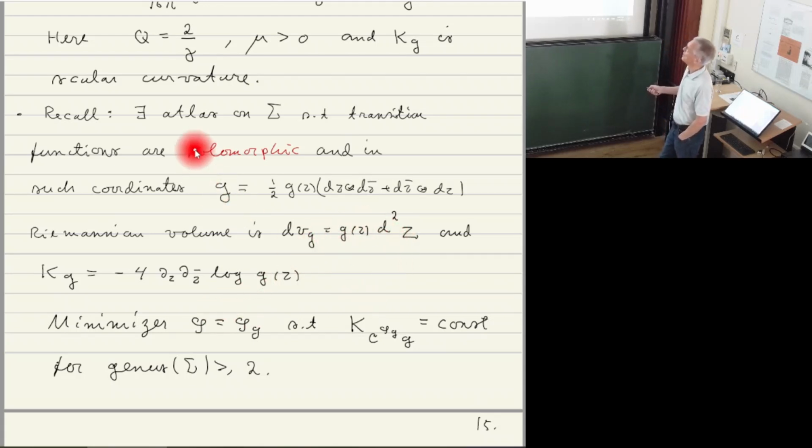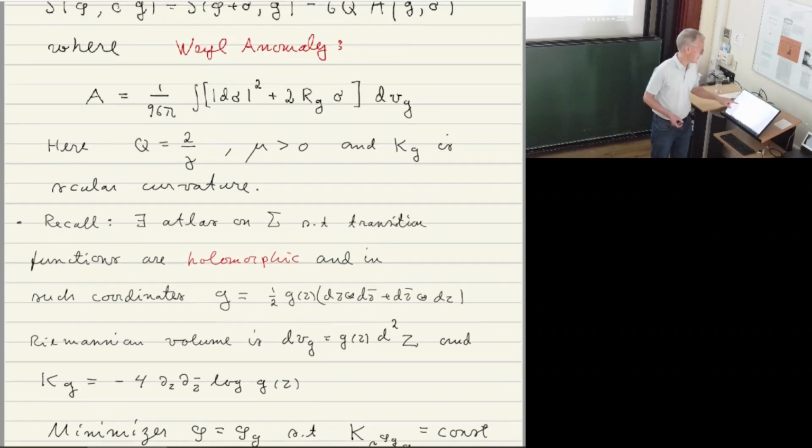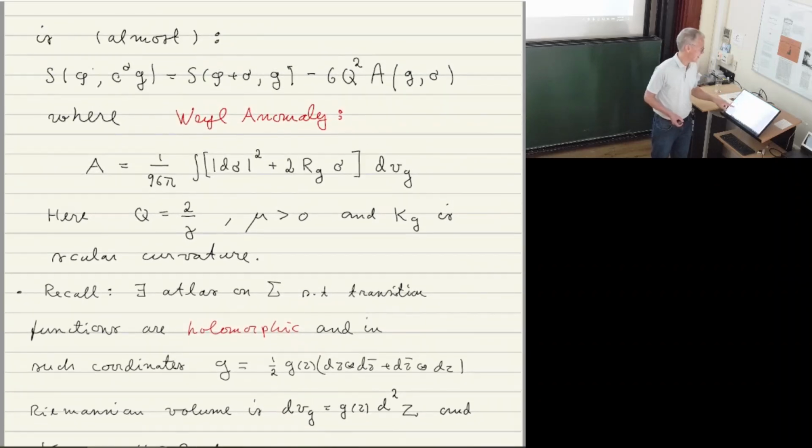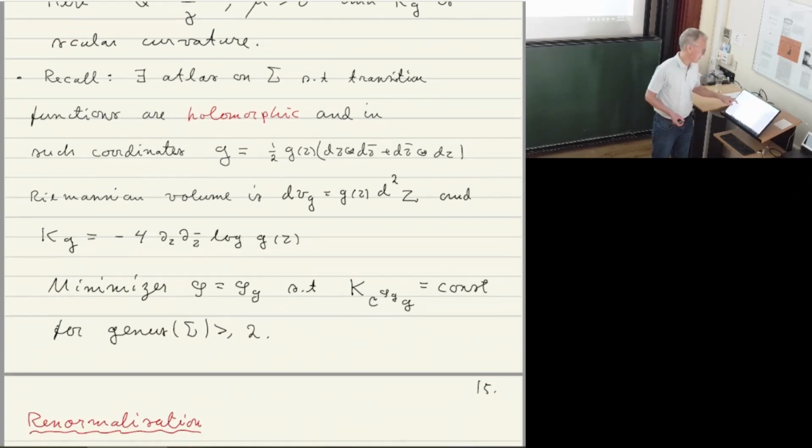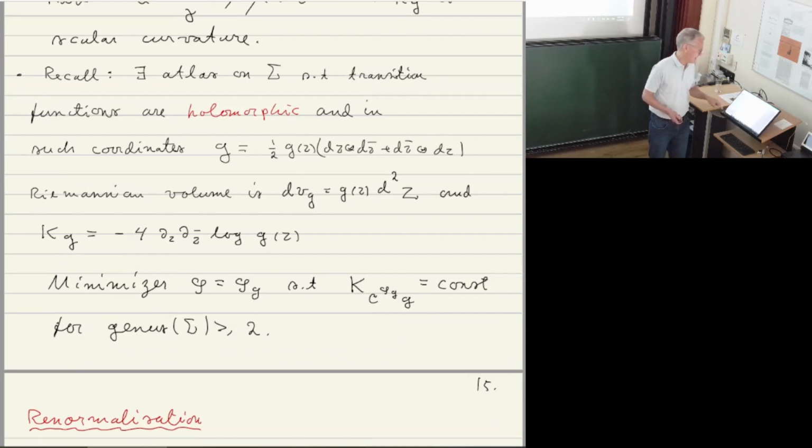Okay, and the minimizers in this setup, once you write down the Euler–Lagrange equations, and that's also a useful exercise to do, I will come back to this tomorrow. They are just functions phi such that once you multiply your starting metric by exponential of phi, the scalar curvature of the new metric is constant.